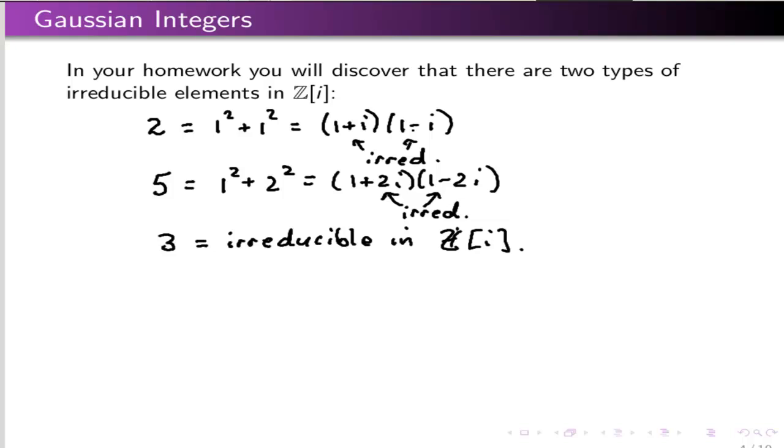So if a prime is a sum of two squares, you can break it up like this as a product of two irreducibles in Z[i]. And if it's not a sum of two squares like 3, then it's an irreducible element in Z[i]. And that pretty well characterizes all of the irreducible elements in Z[i]. So I'll let you work out those details in your homework.